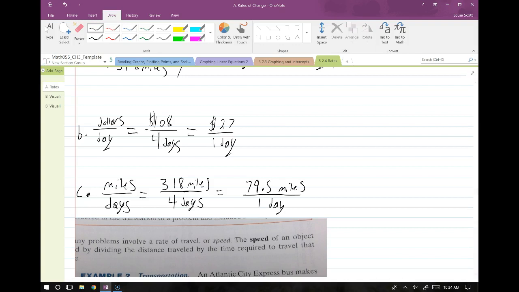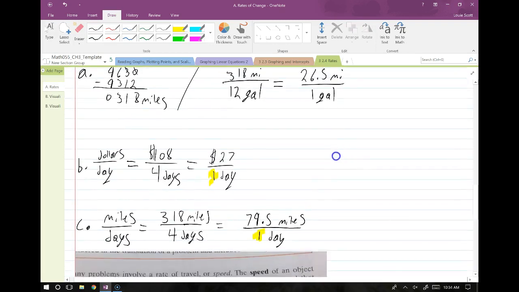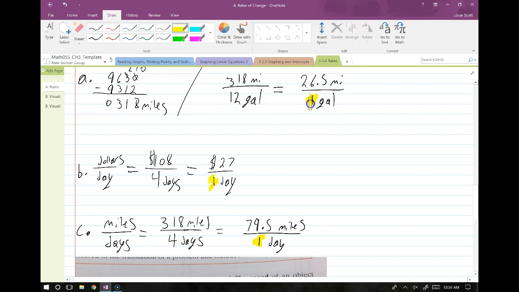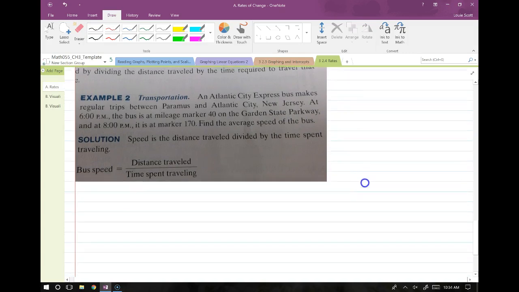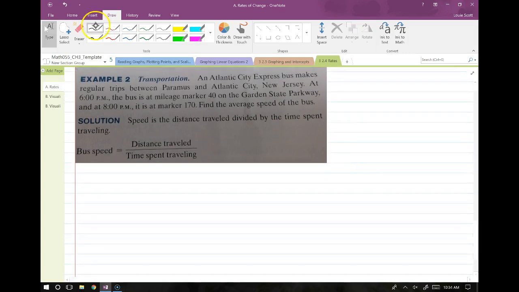By the time you get to the end of your rate, especially with stuff like this, it's nice to have a 1 in the denominator. You don't necessarily have to, but for things like this, at least, it's nice to have that 1 there. Okay, so let's do another example.